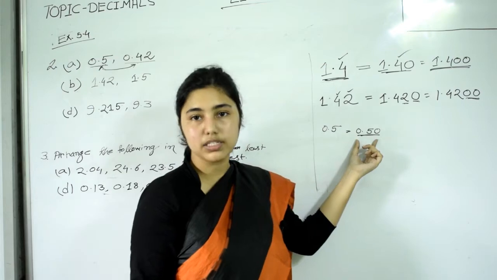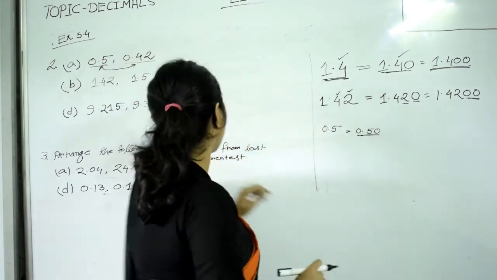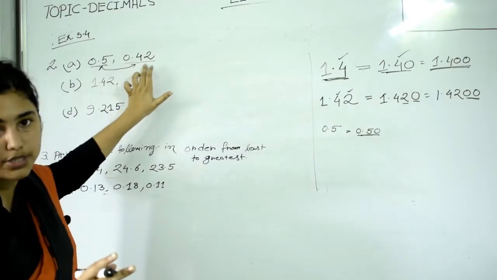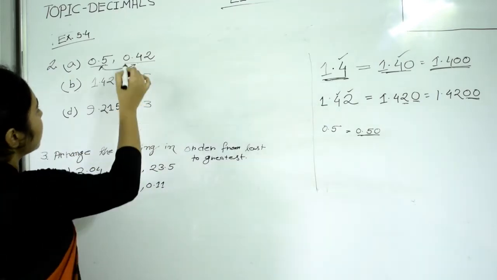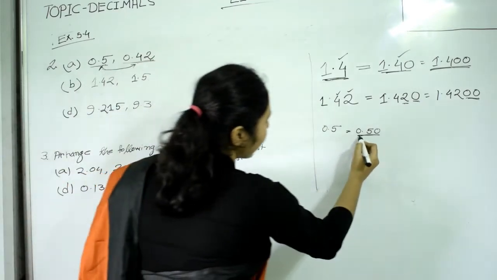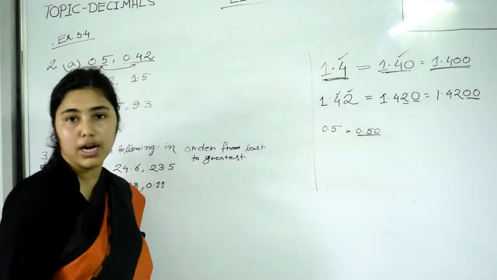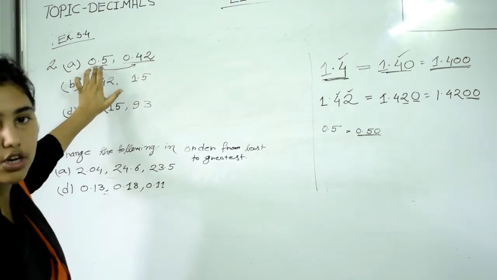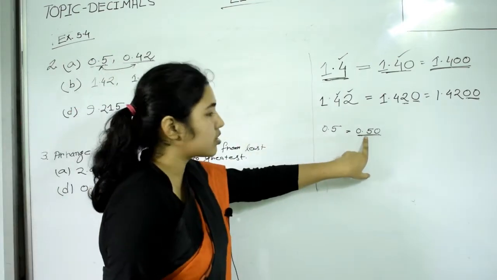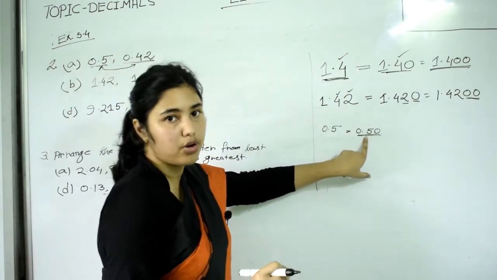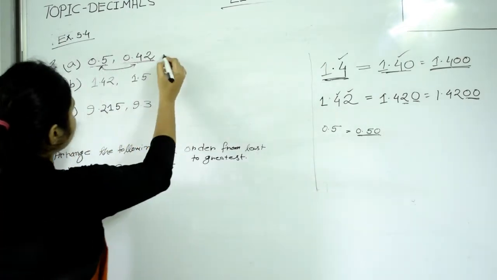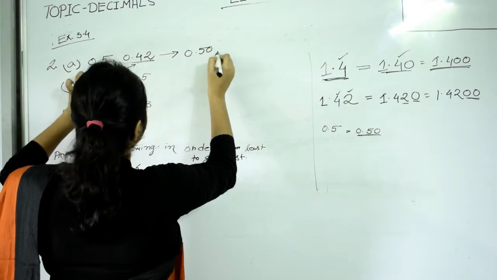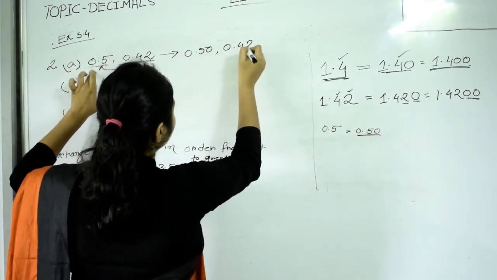This number has two decimal places, and 0.42 also has two decimal places, which means 0.42 and 0.50 both are like decimals. So we can convert 0.5 to 0.50. Okay? So 0.50, 0.42.